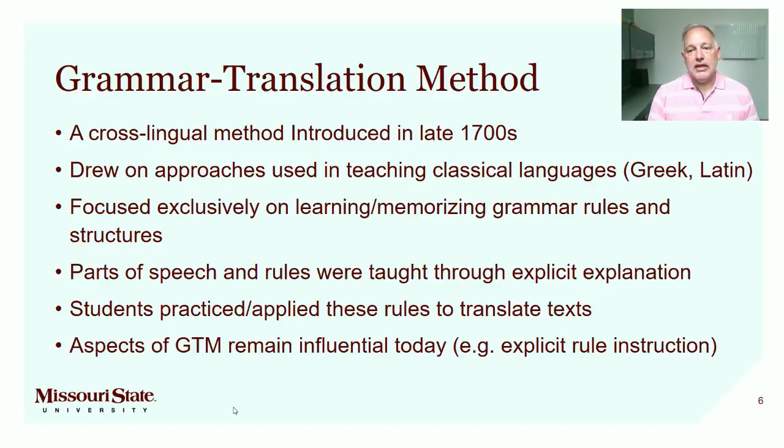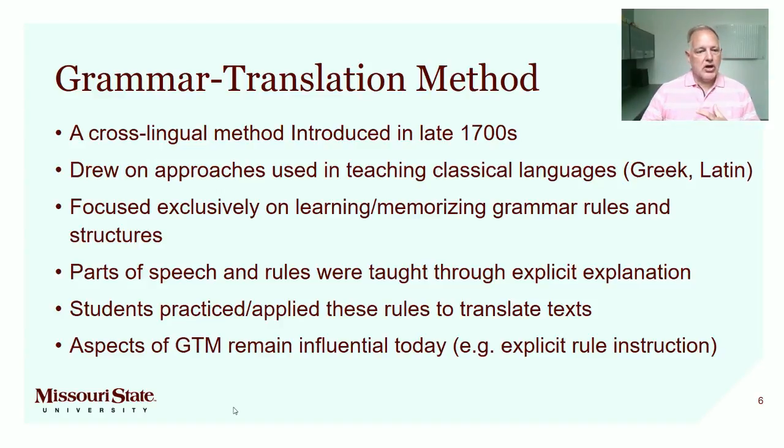This was introduced in the late 1700s, and it really hung on for a couple of hundred years. It drew on approaches for teaching classical languages that were being used at the time, the way that Greek and Latin were being taught. Grammar translation method focuses exclusively on the learning or memorization of grammar rules and structures.